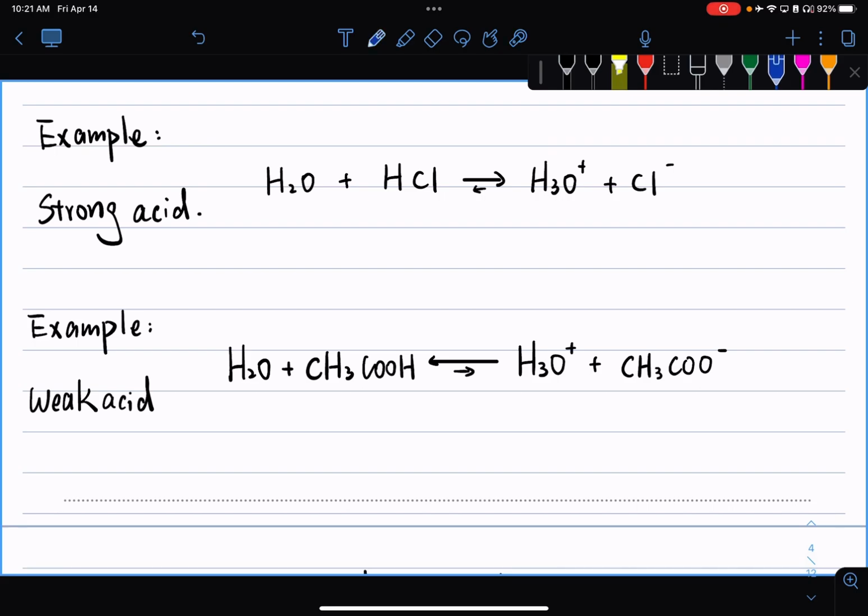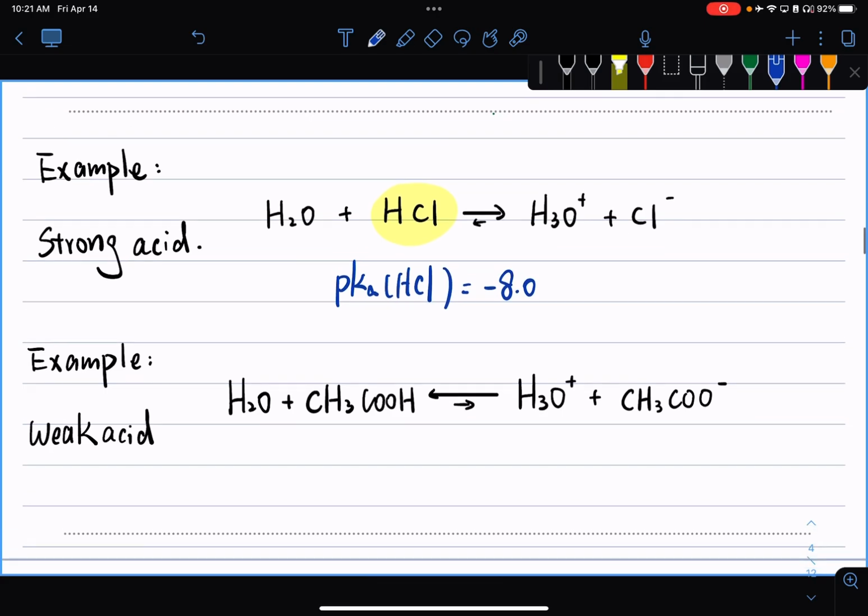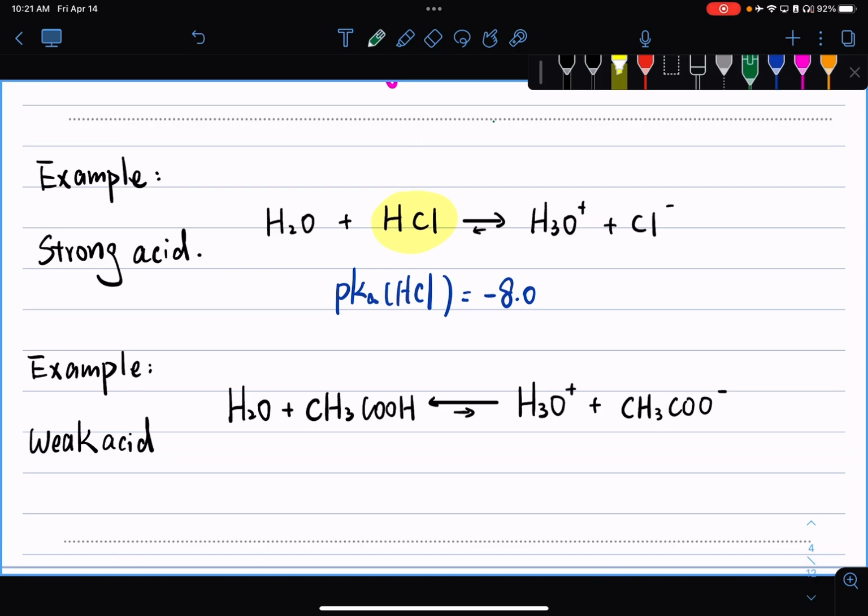What we can find out is the pKa of HCl is about negative 8.0. And then the pKa of H3O+ is about negative 1.7. So what it tells us, smaller pKa, stronger acid.